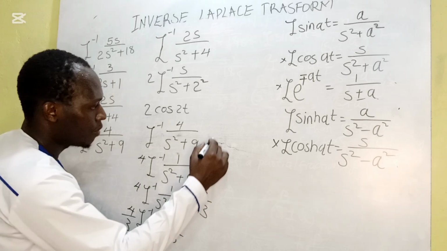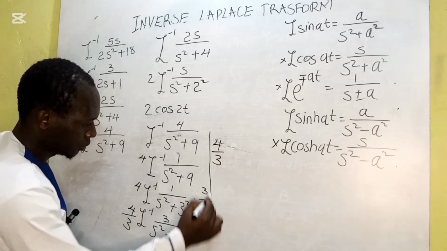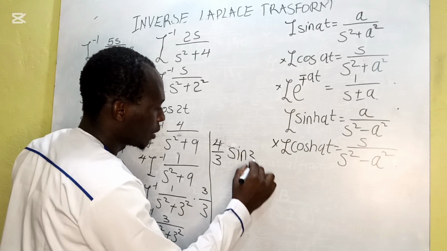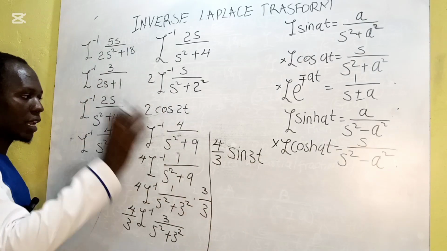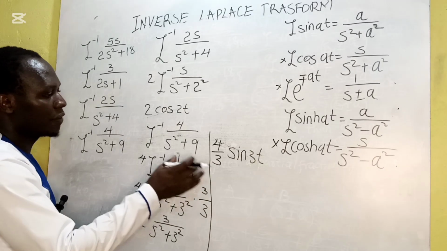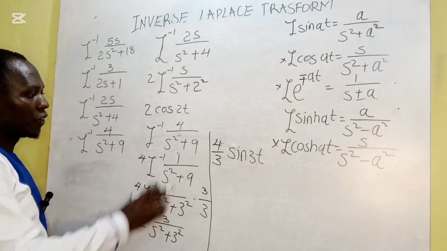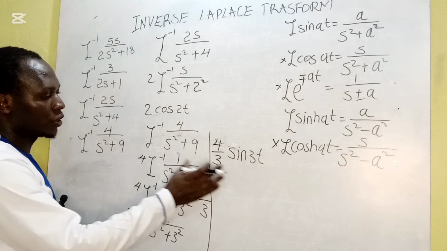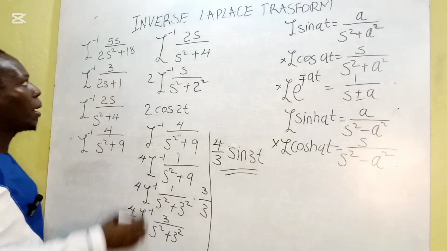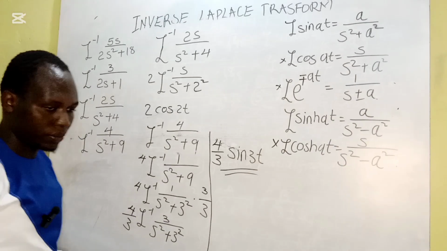And now we are going to have our answer as 4 all over 3 sine 3t as now the inverse Laplace transform of our function from this point. The inverse Laplace transform of this function now will be equals to our answer here. And this is how you go about finding the inverse Laplace transform of all these functions.